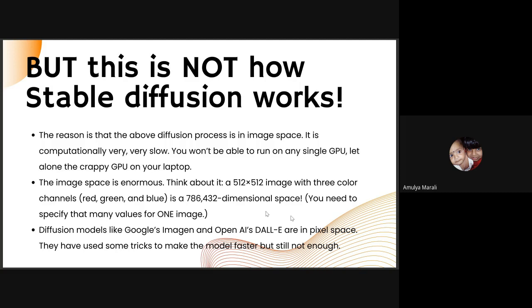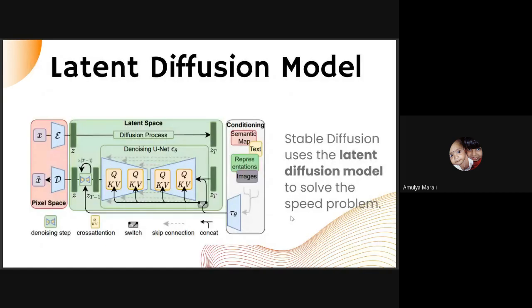Many of these, like OpenAI's DALL-E or Google's Imagen, use something called pixel space, but still this is not enough, is what the sources claim. So what actually came into the picture is something called the latent diffusion model.